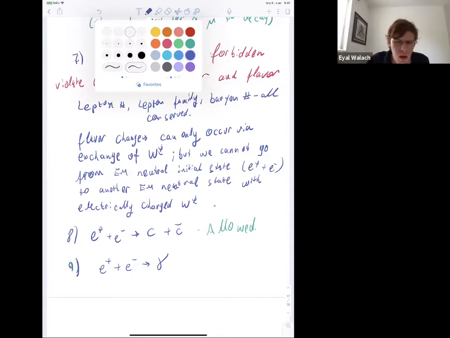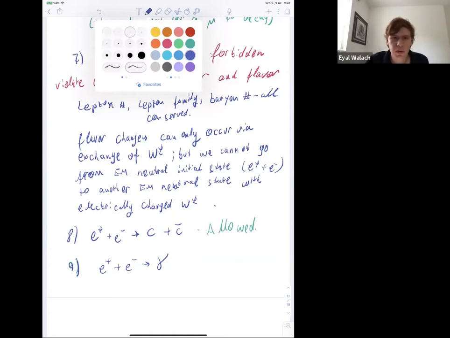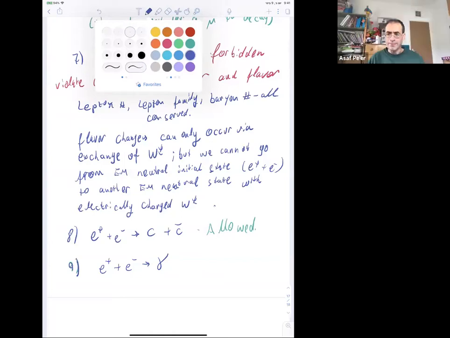Because it's somehow the inverse of what we had before with the proton: you can't create a single photon, you need two photons, I think.